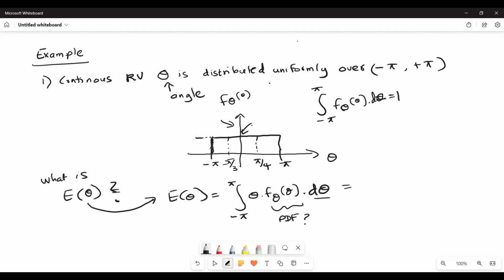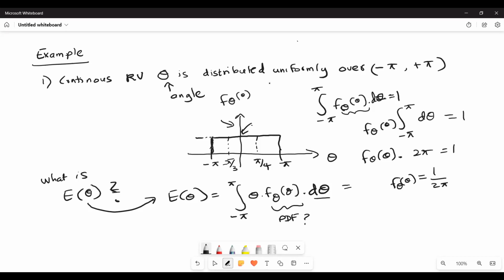Since I'm trying to find f_theta(theta), I need to consider it as a constant here because it has a constant probability. Taking the integration from minus pi to plus pi with respect to d theta, I will be left with 2 pi here. Taking it to the other side, f_theta(theta) will be equal to 1 over 2 pi.